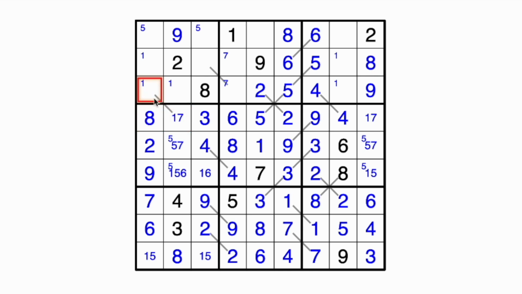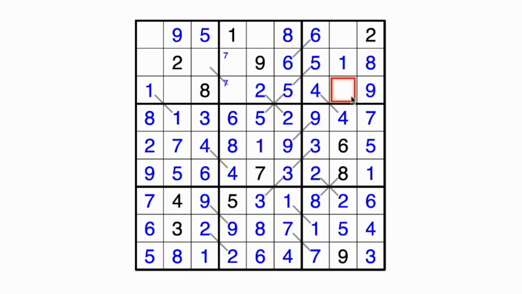Oops. So this has to be a 1. That has to be a 1 as well. I almost did it again. And so 1 here. I think most of this is the same. 7, 5, 1, 7, 1, 6, 5. 1 comes out of here. 5, 1, 5.